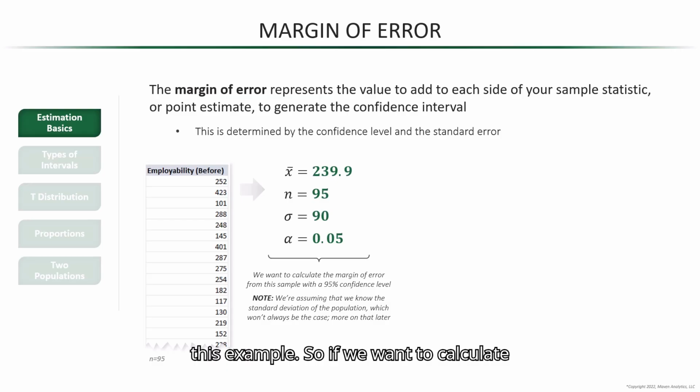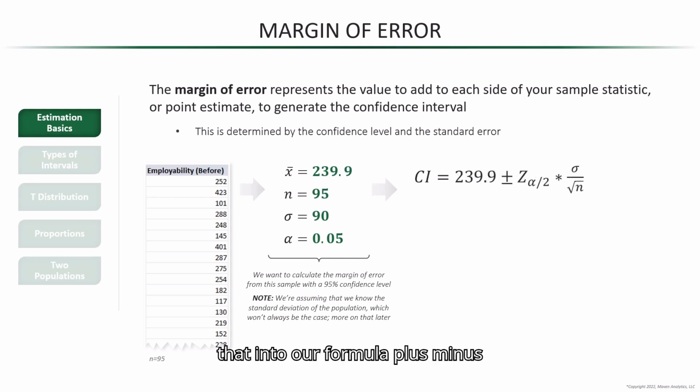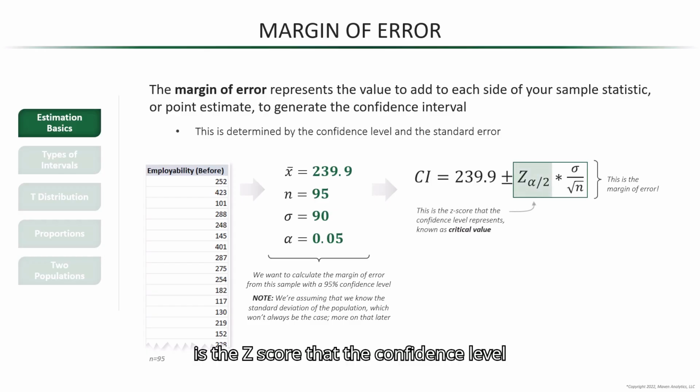So if we want to calculate the confidence interval, then we can use this formula, which seems unfortunate, but it's actually quite simple. We have the point estimate first, which is our x-bar, or sample mean, and let's just plug that into our formula, plus minus the margin of error, which is all of this. Now the first part right here is the z-score that the confidence level represents, also known as the critical value.